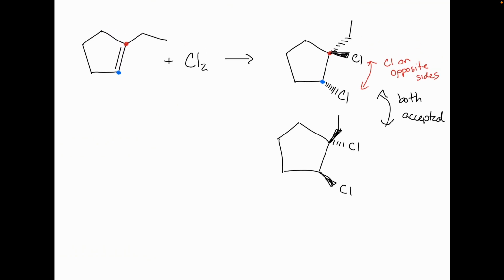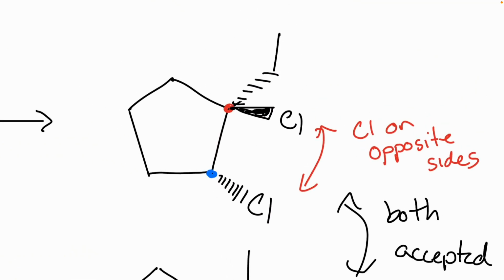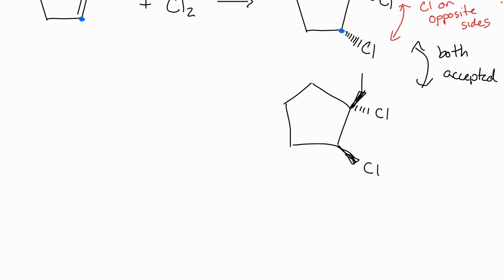All right, and then just to be clear, why do I have to make this one into a dash if this one's a wedge? Looking on this carbon here, why did I have to make that ethyl group a dash when I made that chlorine a wedge? If we take a molecule, you can never have two wedges.